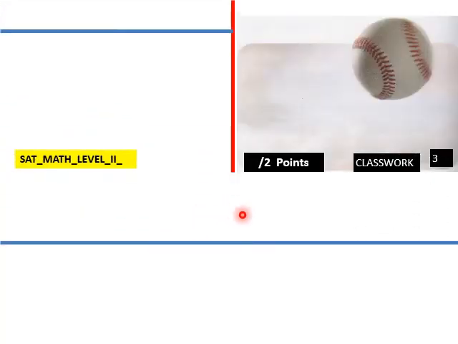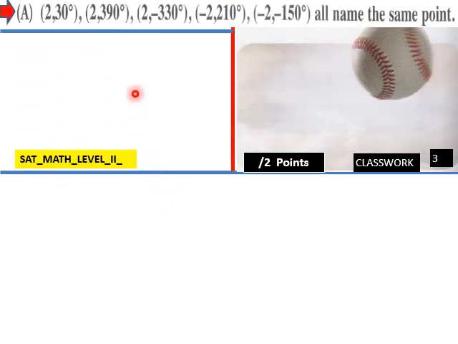Let's go into an example of some of this now. We have here 230 degrees, 390 degrees, 330 degrees, negative 2 and 210 degrees, then negative 2 and negative 150 degrees, all named the same point.